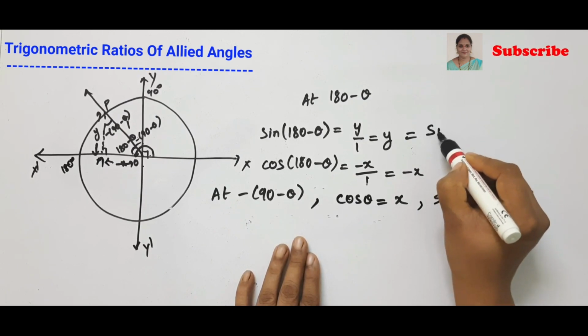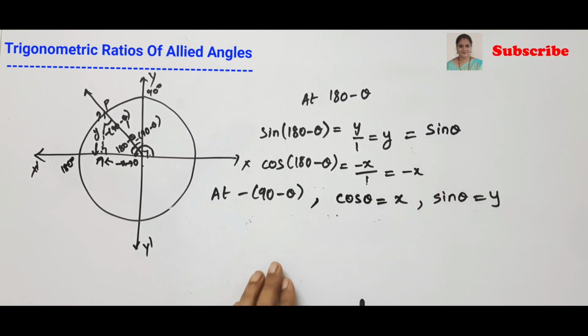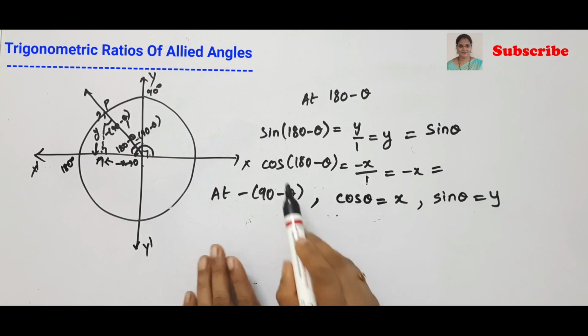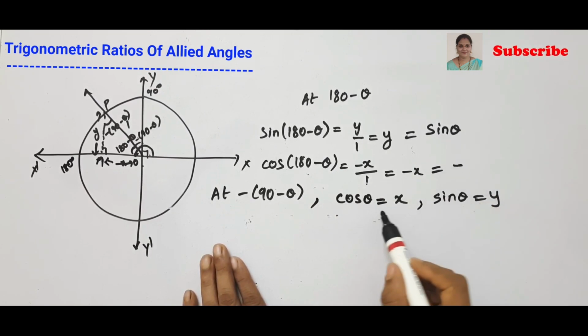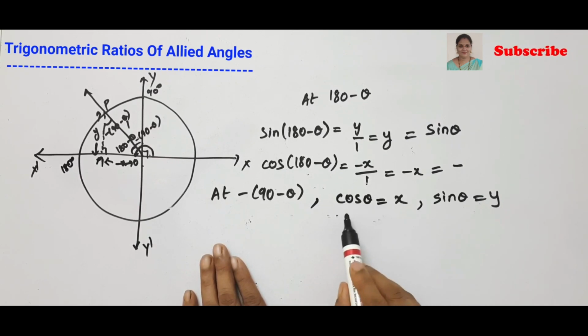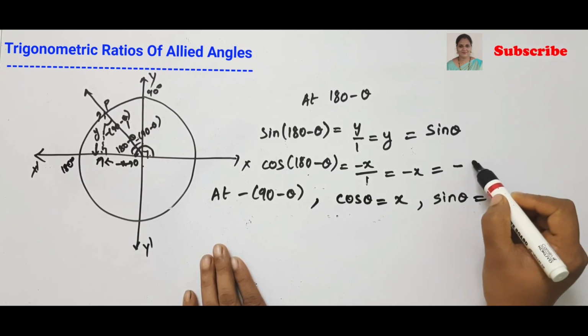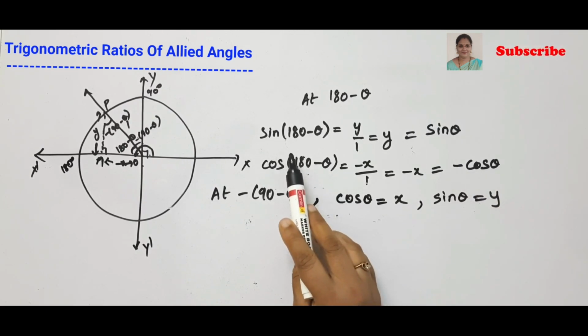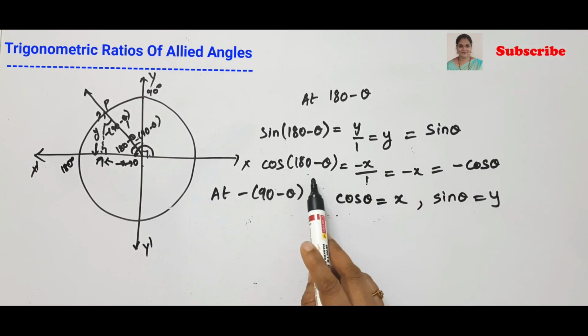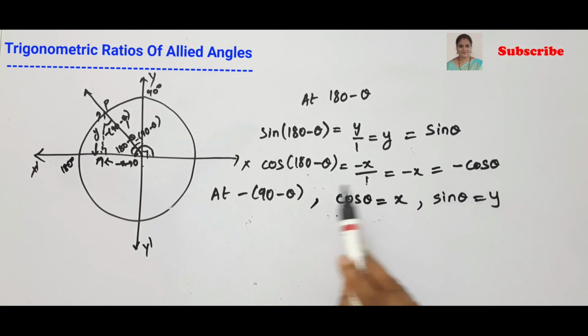So write down here sin theta. Then this is equal to cos 180 minus theta, we got it as minus x. So minus x is nothing but cos theta. So substitute here. So this becomes cos theta. So we got sin 180 minus theta as sin theta and cos 180 minus theta as minus cos theta.